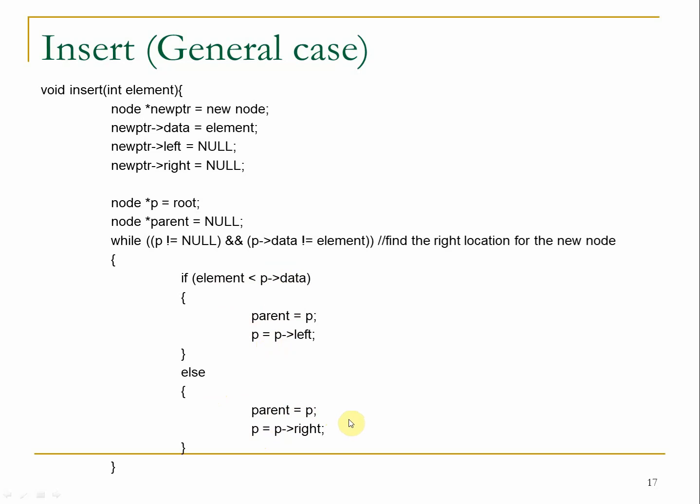So we let them keep moving until P hits a null spot, ideally for us to find the right location to do the insert. So if P equals null, which is exactly what we are expecting; otherwise that means there is a duplication. So we will say the duplication is there and then end the program.